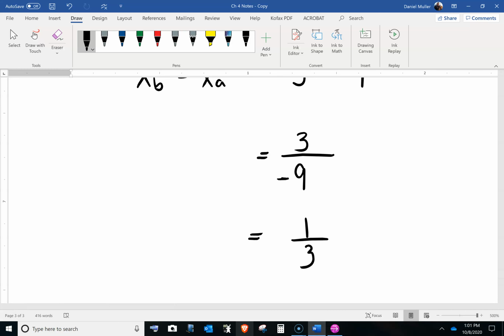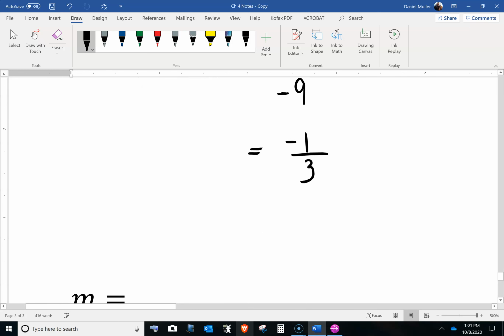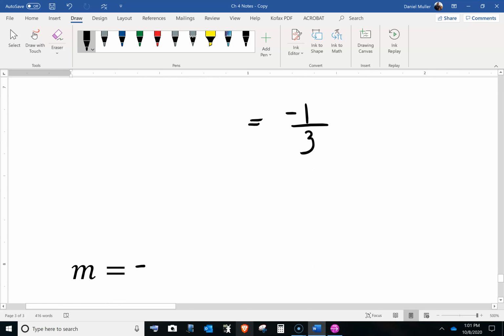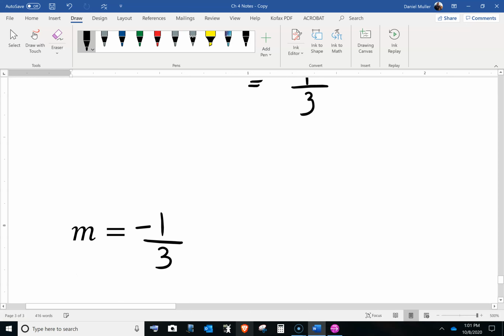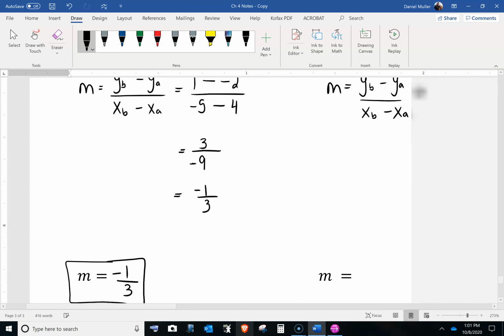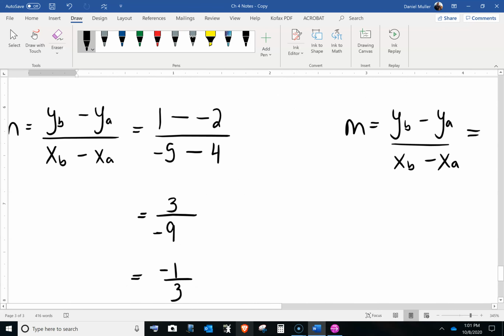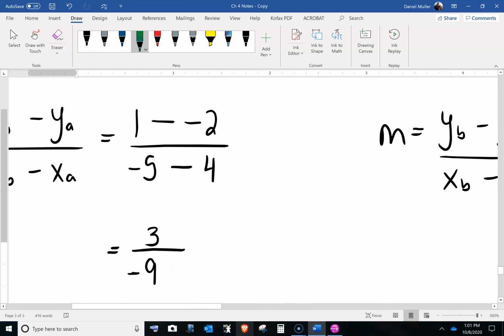Usually we like to just move it up top. So we would write negative 1/3. So keep in mind that it's not really tricky, but that does get a 1 plus 2.